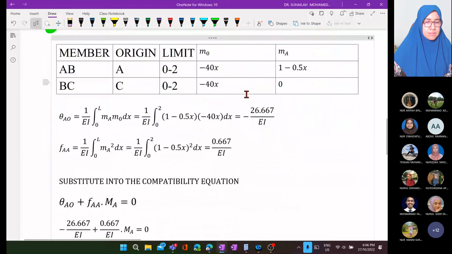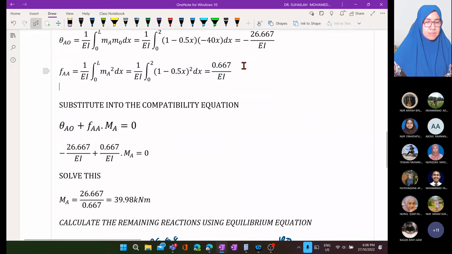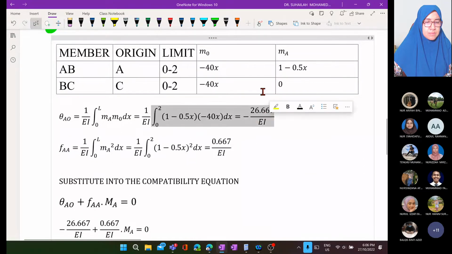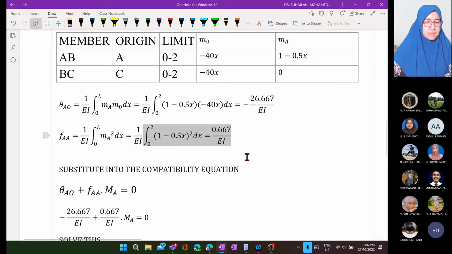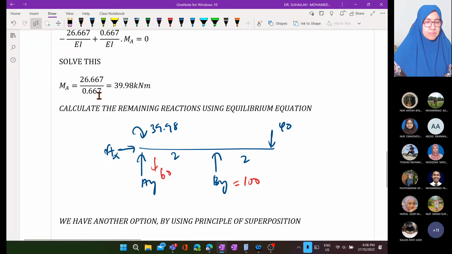I summarize this into a table and calculate the displacement. If you want to skip, you just need to put the answer, because you have written the equation in the table, though you can write it if you want. Then these two displacements are substituted into the compatibility equation, and by solving it you will get the redundant.